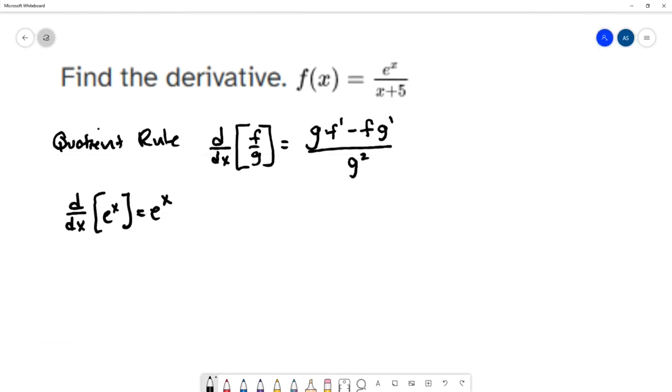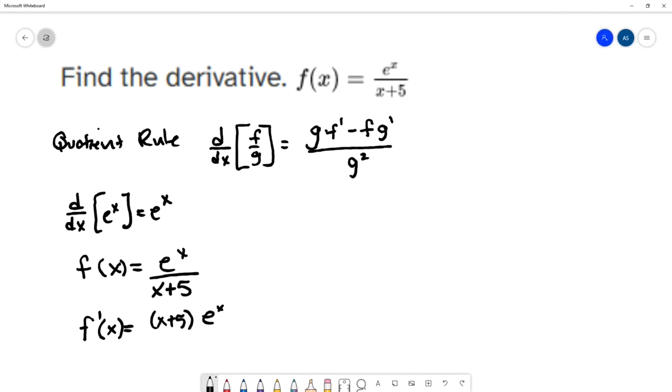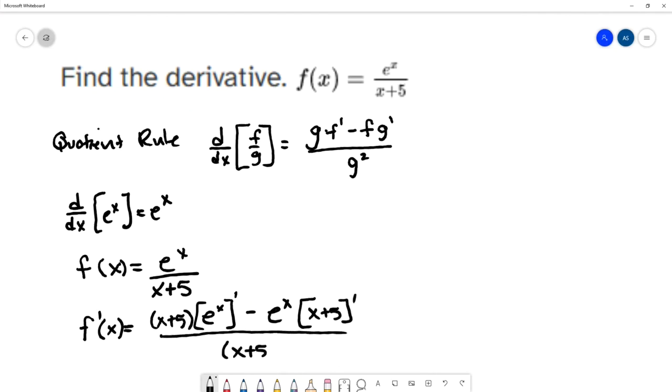So let's calculate the derivative using the quotient rule. My function is f of x equals e to the x over x plus 5. The derivative, I'll follow the quotient rule, is the bottom function times the derivative of the top function minus the top function times the derivative of the bottom function over the bottom function squared.